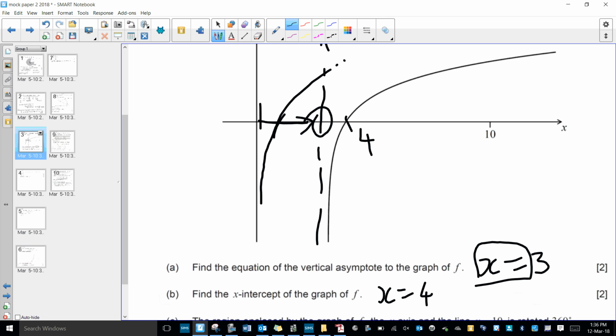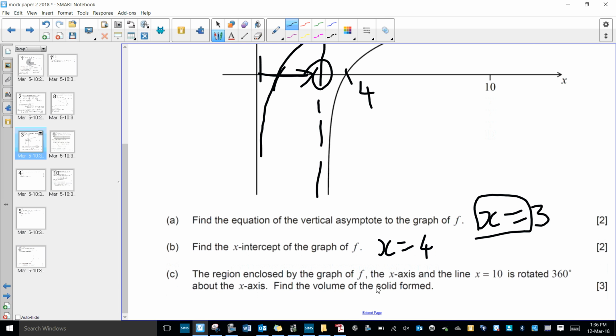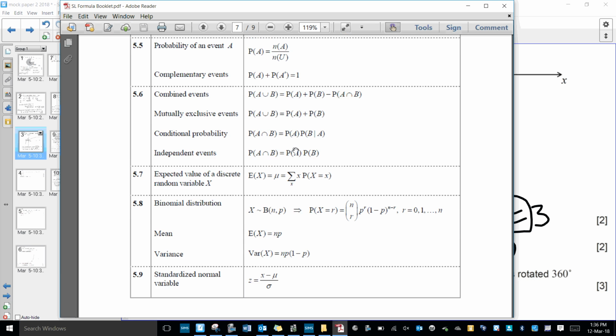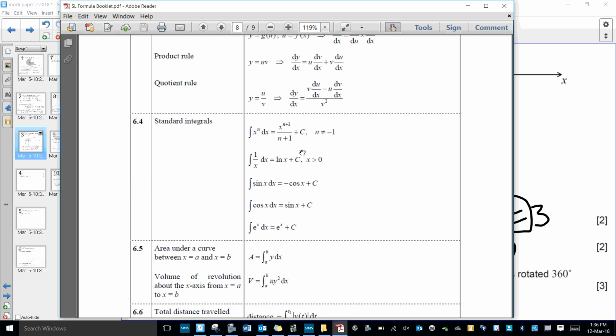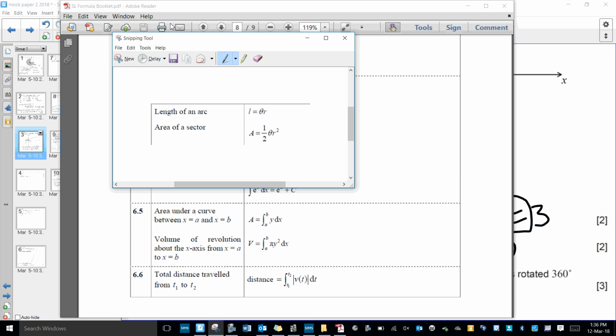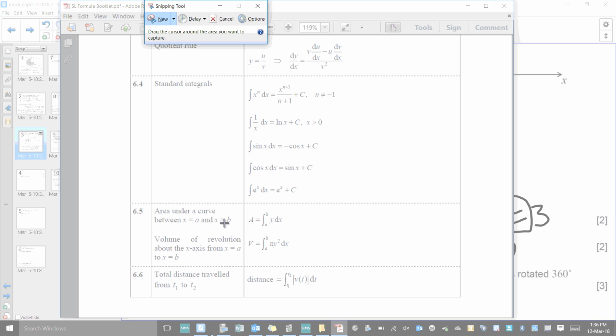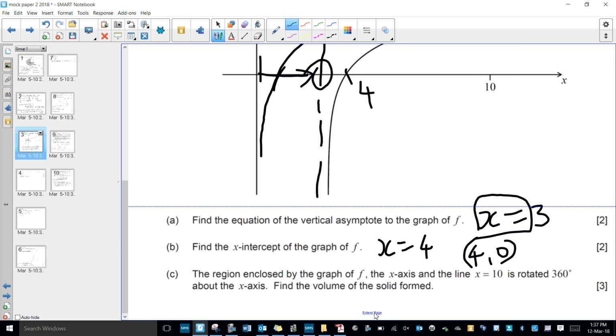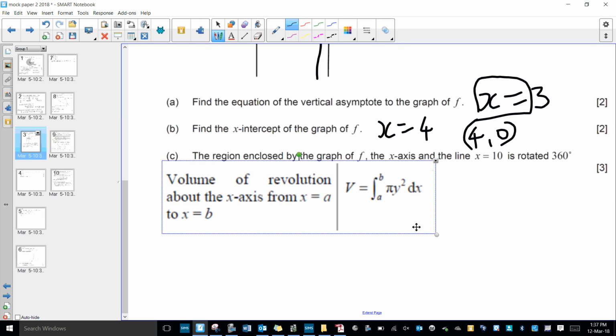Right, the region enclosed is rotated 360 degrees about the x-axis, find the volume of the solid. So remind ourselves that the volume of a revolution is given by this formula. So we're talking about between the line x equals 10 and the x-axis.